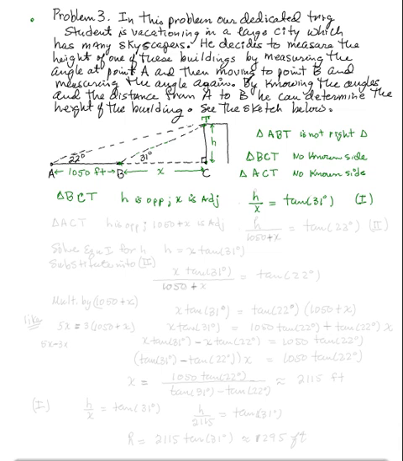Now we can do a similar thing with triangle ACT. In ACT, the H is again on the opposite side, and the adjacent side is not the X, it's 1050 plus X. And so now we can write H divided by 1050 plus X is equal to the tangent of 22 degrees.